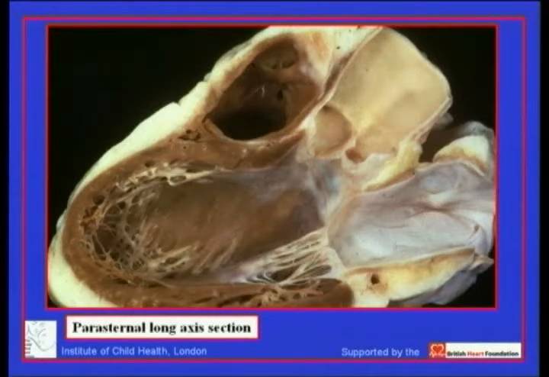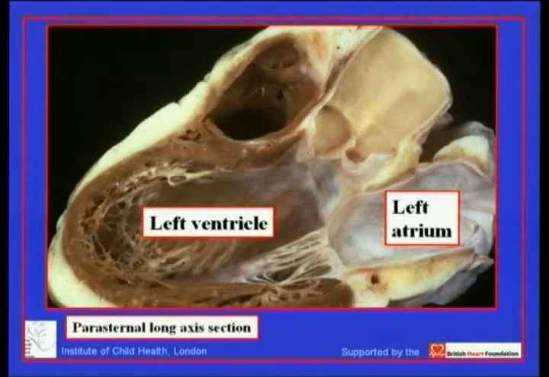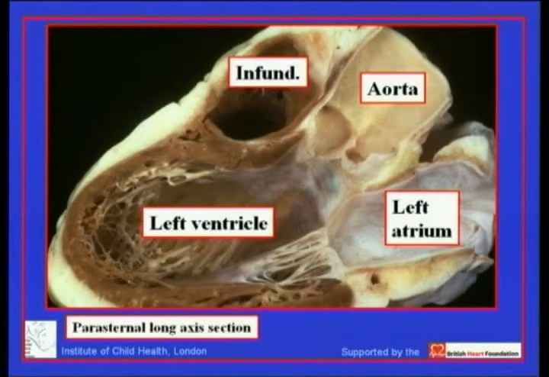And then finally, when we look at the parasternal long axis echocardiographic section, a section familiar to most of you in this room, we see another crucial feature of what we used to call the outlet septum. For purposes of orientation, as you all know, the parasternal long axis cuts through the left atrium, the left ventricle, and the aorta, and it also cuts through the infundibulum of the right ventricle.